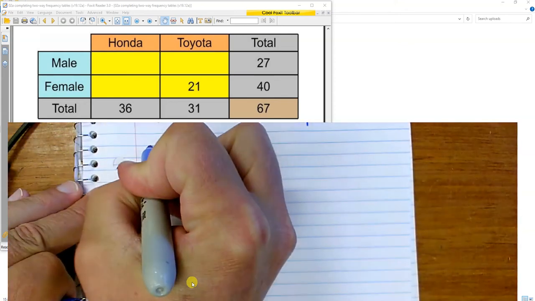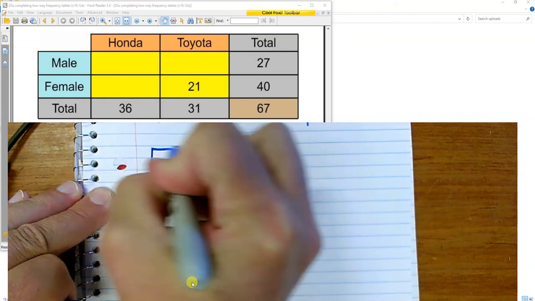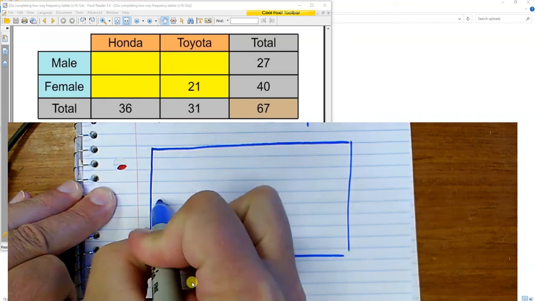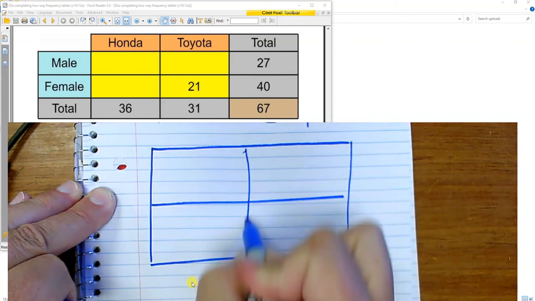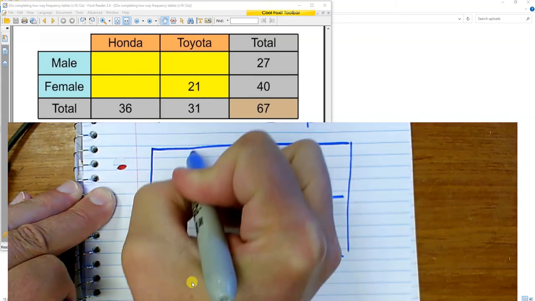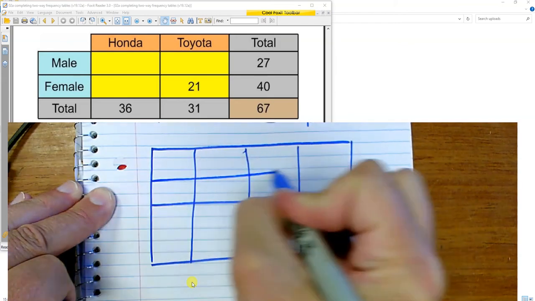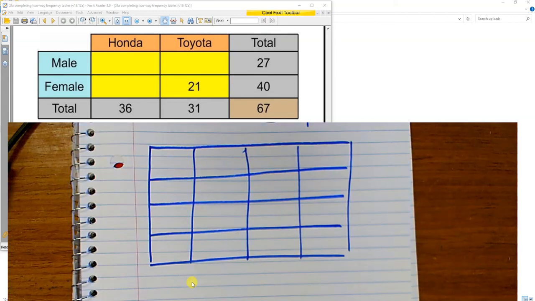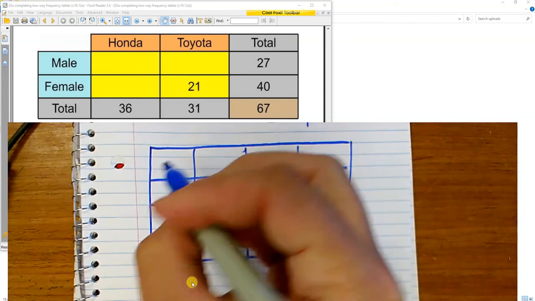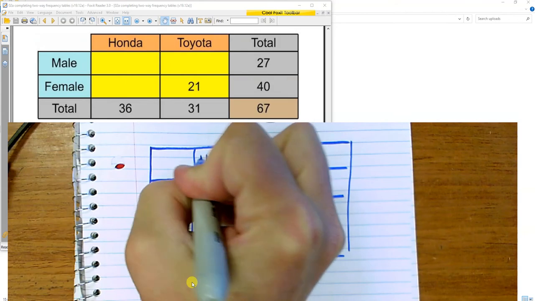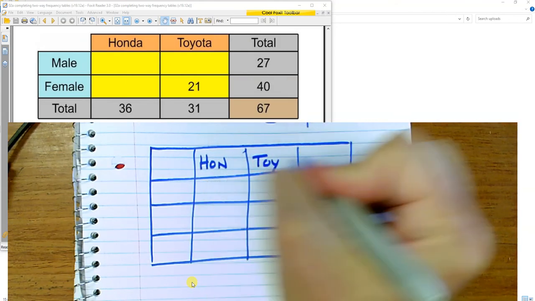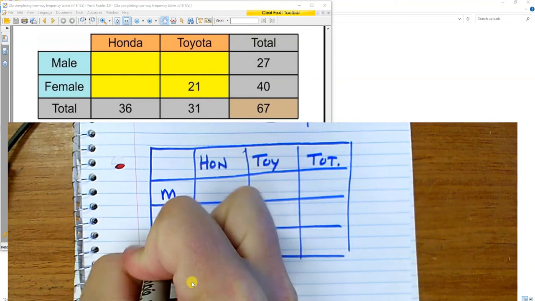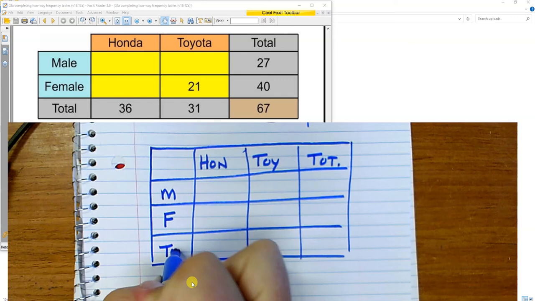So I need a table, and I'm going to make one that is 4 by 4. And we'll go with Honda, Toyota, total, male, female, total.